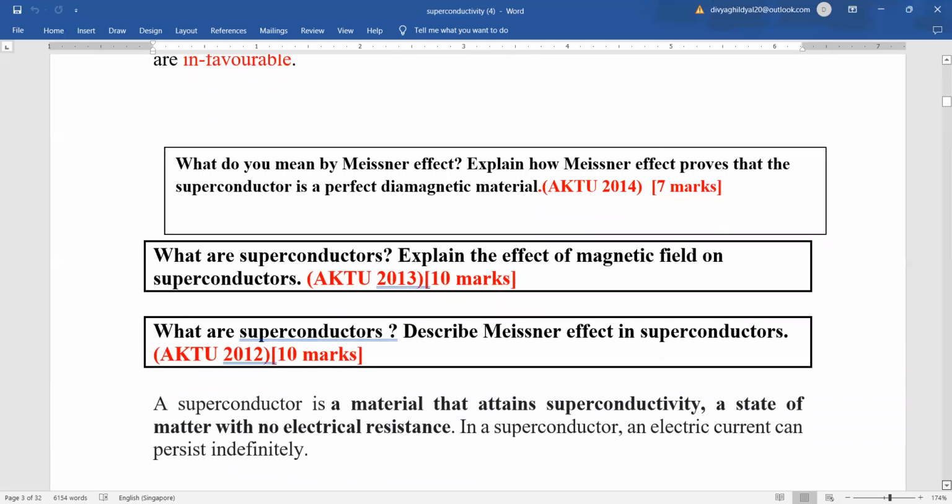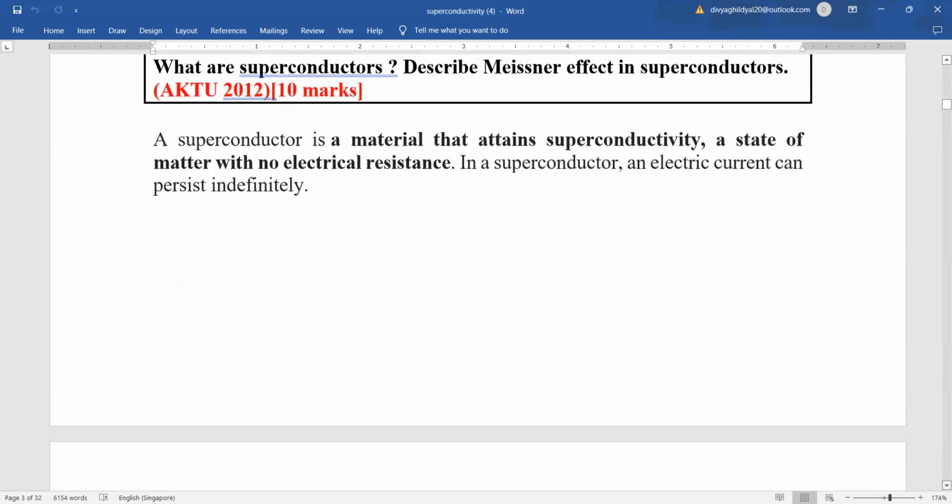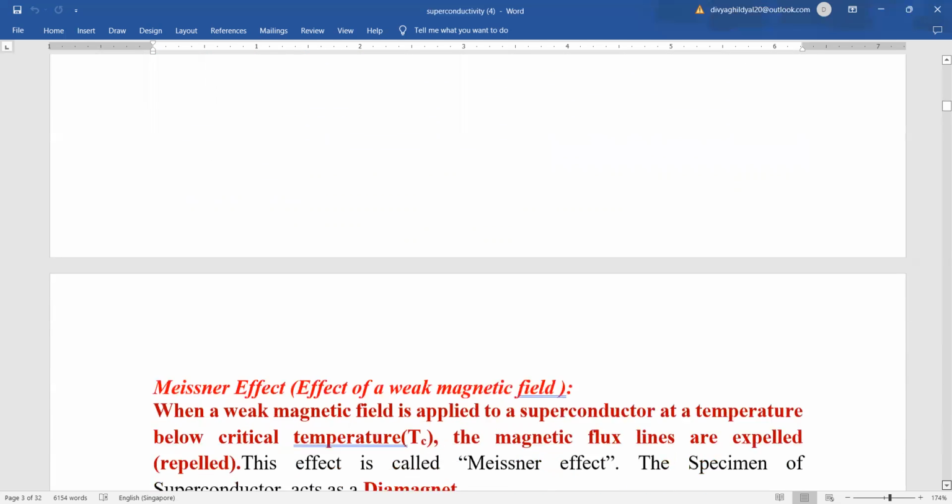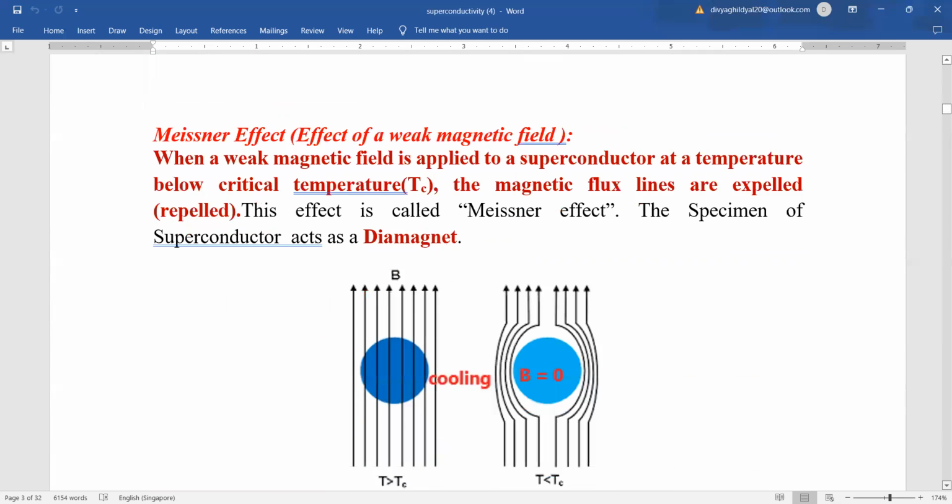Let us first define a superconductor. A superconductor is a material that attains superconductivity, a state of matter where no electrical resistance is present, and electric current can persist inside it for a very long time.